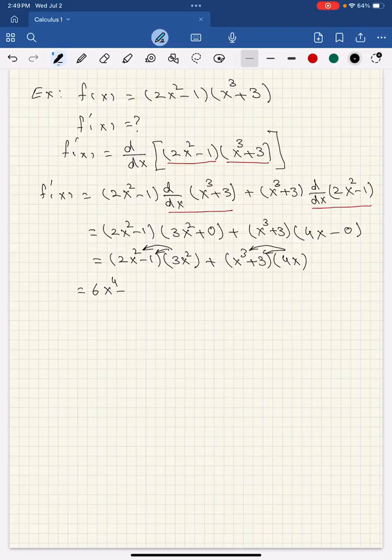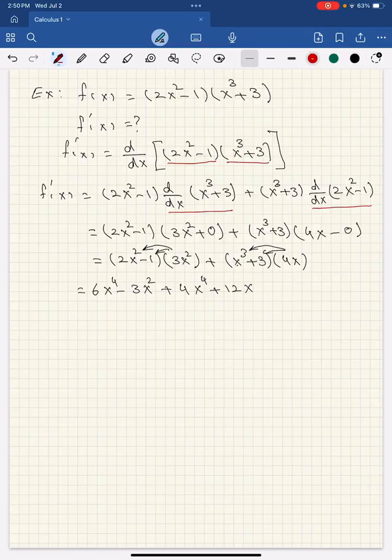Minus 3x squared times 1 gives you 3x squared. Plus 4x times x cubed gives you 4x to the power of 4. Plus 4x times 3 gives you 12x.